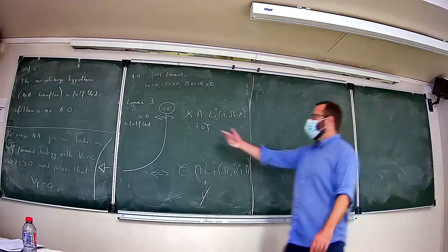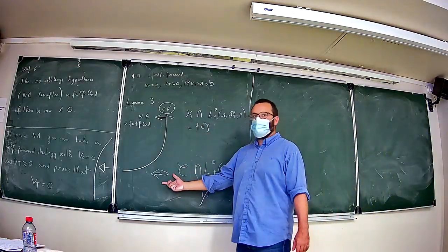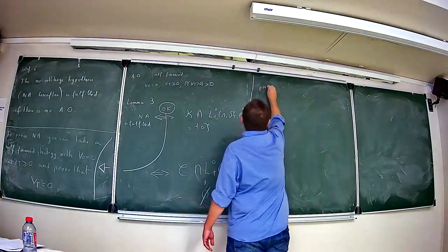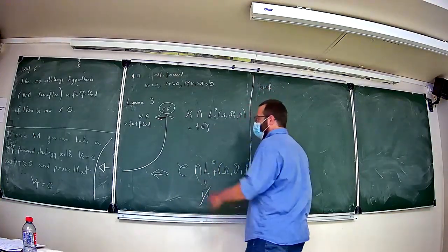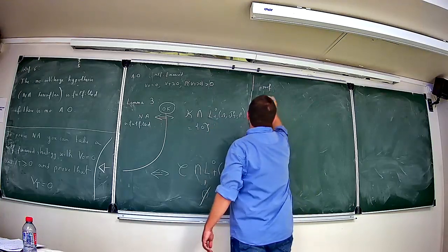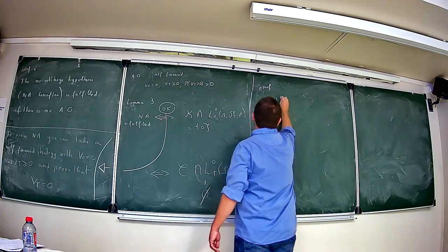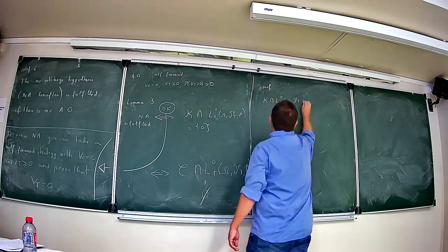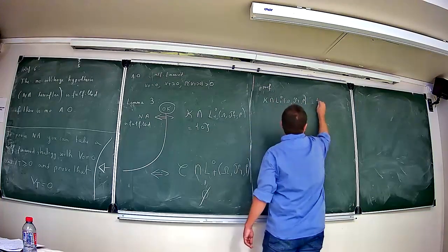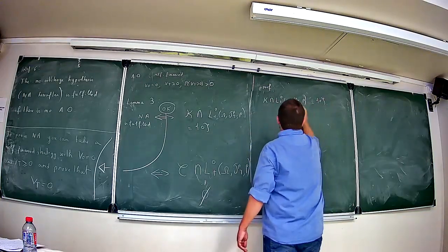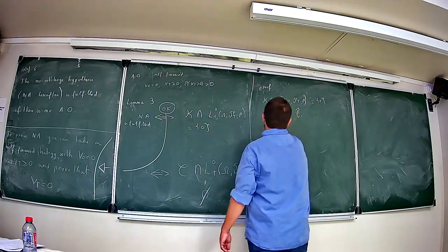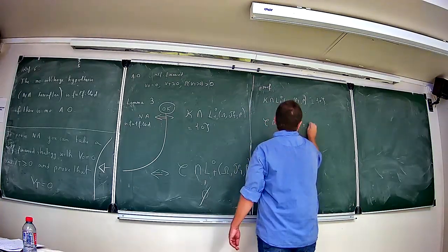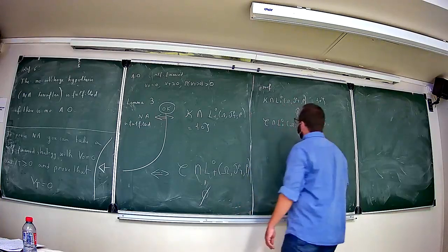So for this one, I have nothing to prove. For this one, I have to work. Well, not that much, but a little. And in fact, what I have to prove is that K intersected with L0 plus equal to 0 is equivalent to C intersecting with L0 plus equal to the empty set.